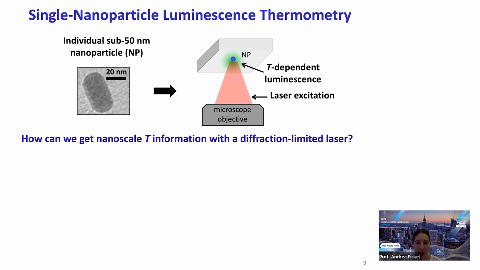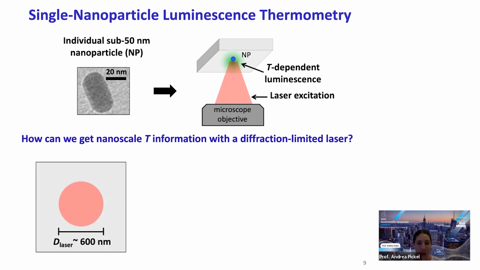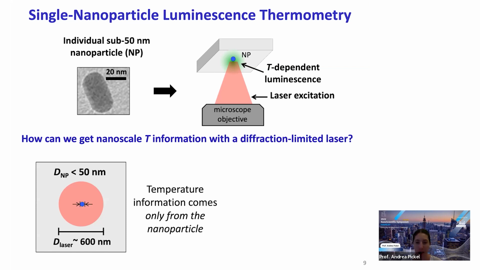And now I'll drill in for just a second on how we're getting nanoscale temperature information, even though we're still using a diffraction limited laser. It's true that the diameter of our excitation laser beam is still diffraction limited. But the key is that the luminescence, and therefore the thermal information, comes only from the nanoparticle, whose size is, of course, much smaller than that diffraction limited laser beam.